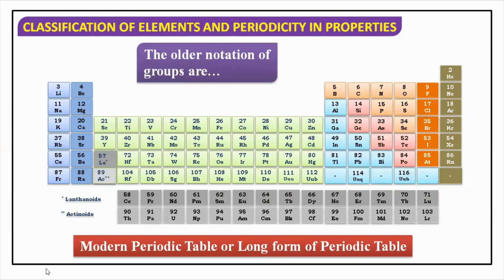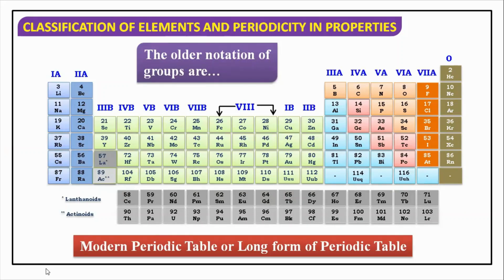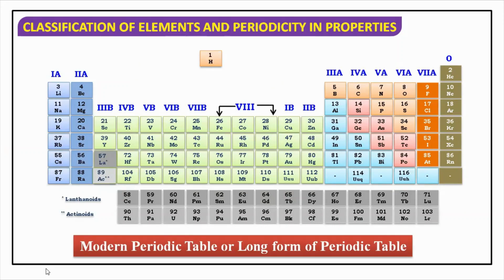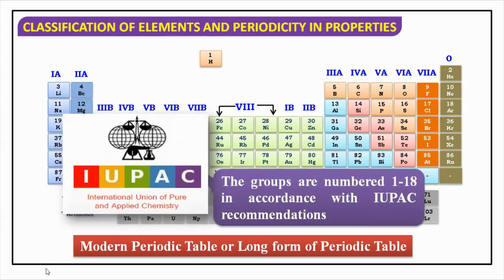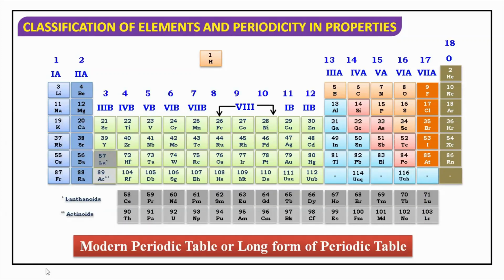The older notations of groups were classified with Roman numerals: 1A, 2A, 3B, 4B, 5B, 6B, 7B, then 3 groups with 8 and so on. Then we have the IUPAC naming, International Union of Pure and Applied Chemistry. They changed the numbering and named it directly as group numbers 1 to 18, that is 1, 2, 3, 4 and so on.